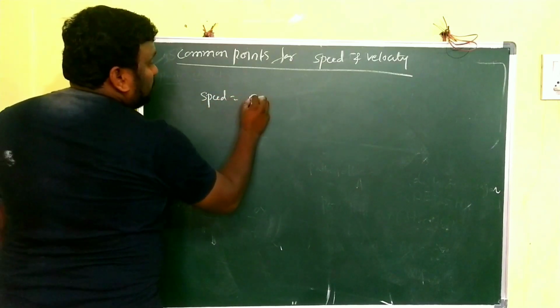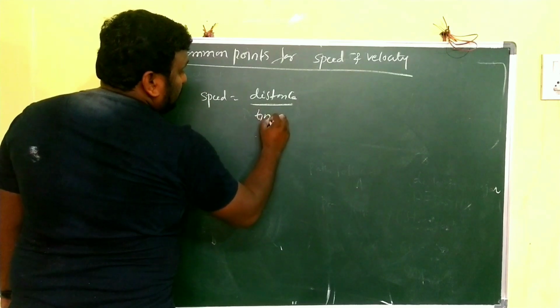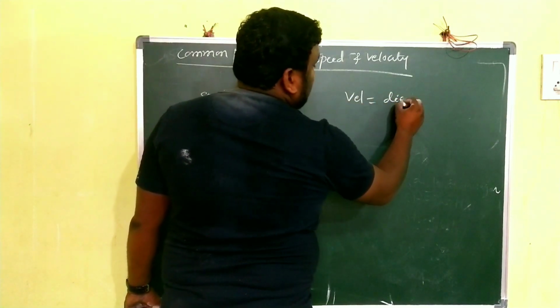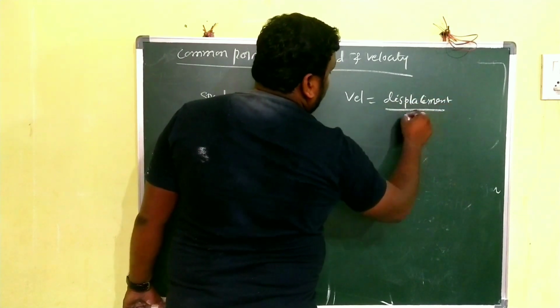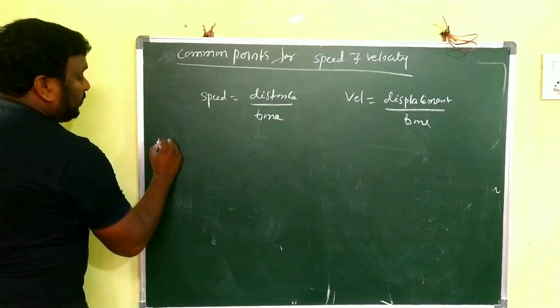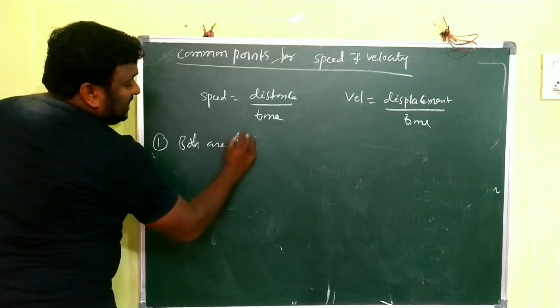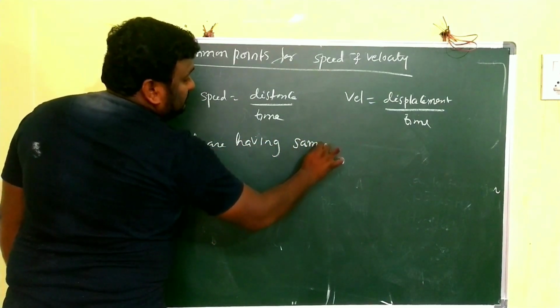Speed is equal to distance by time and velocity is equal to displacement by time. Children, the first common point is both have the same units.